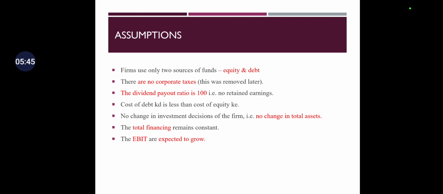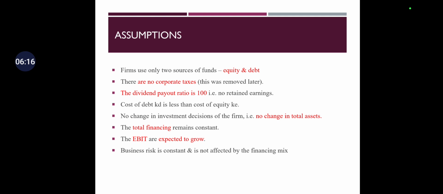And EBIT, the full form of EBIT is earnings before interest and tax. The pure earnings, the pure income from your operation, is nothing but the earnings before interest and tax. It is always expected to grow, that means there are no losses at all. Always EBIT is in a favorable situation. So this was one of the assumptions.